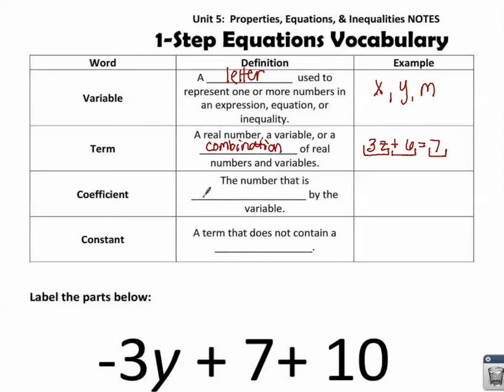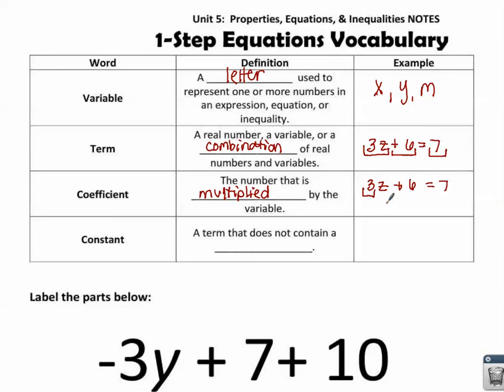Coefficient is the number that is multiplied by the variable. So in the example, 3z plus 6 equals 7, the coefficient is 3. 3 is being multiplied by the variable.